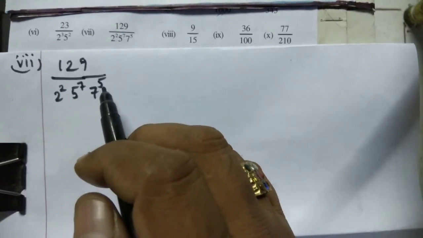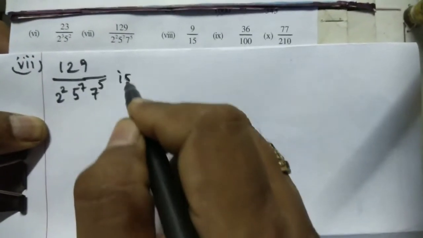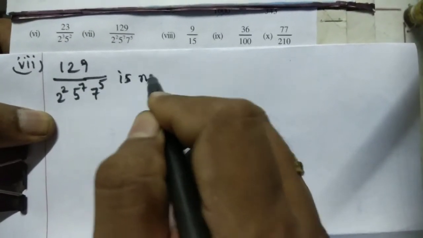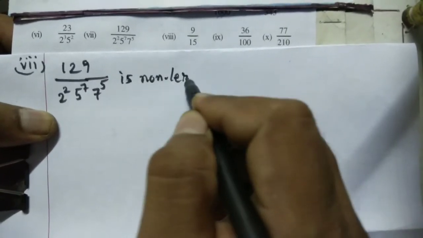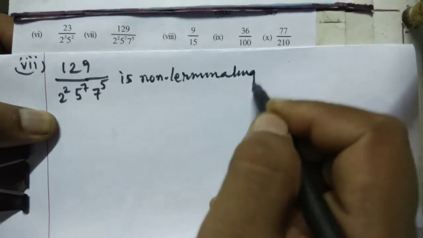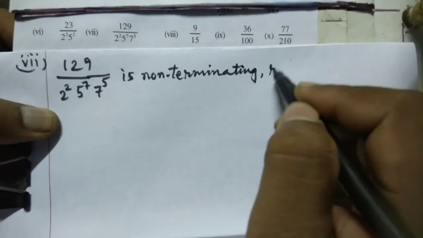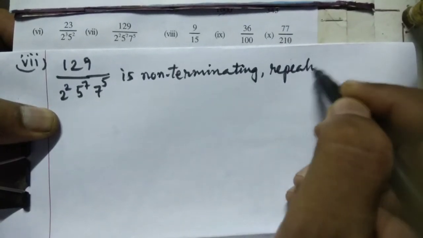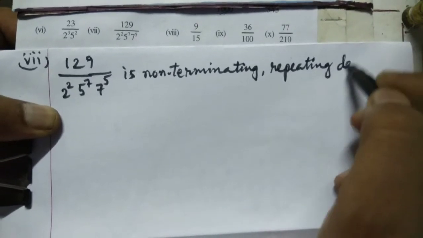That's why it is a non-terminating repeating decimal.